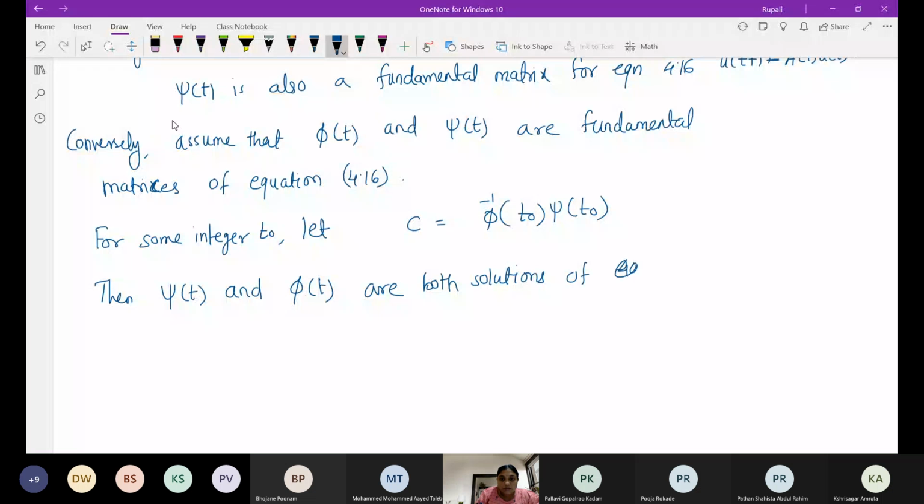Of equation 4.17 matrix analog, and satisfying same initial condition, right?